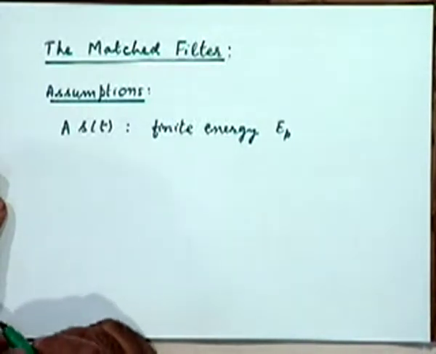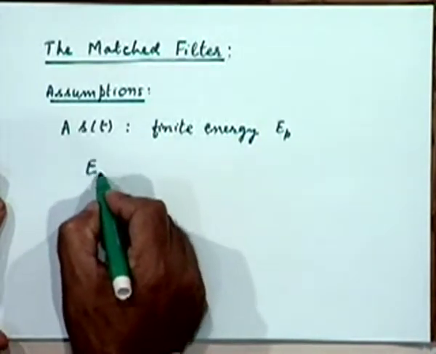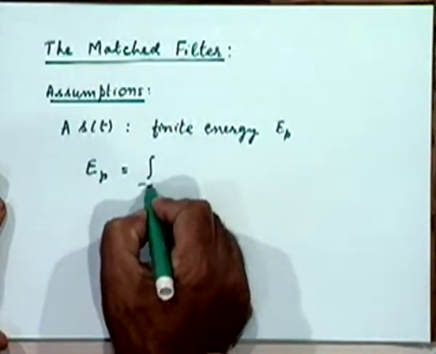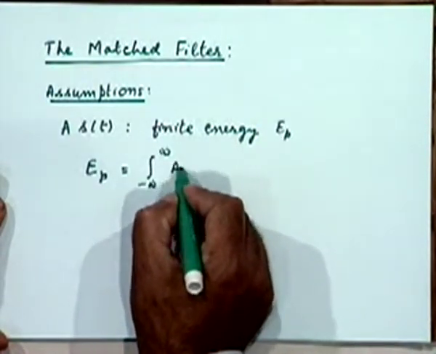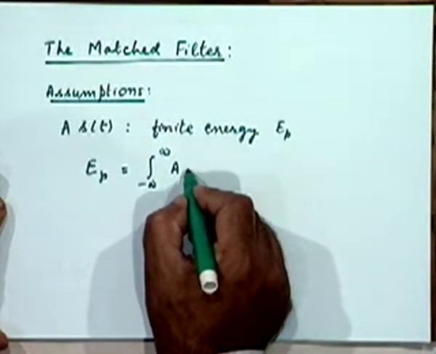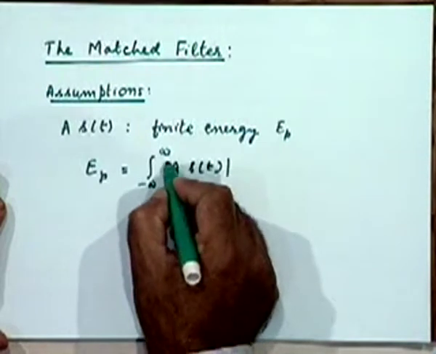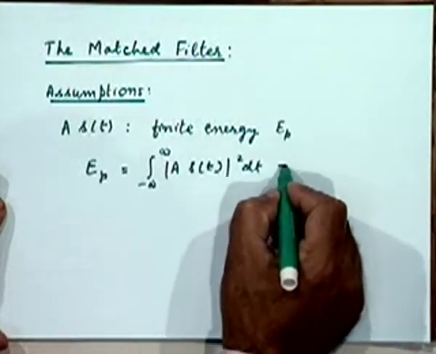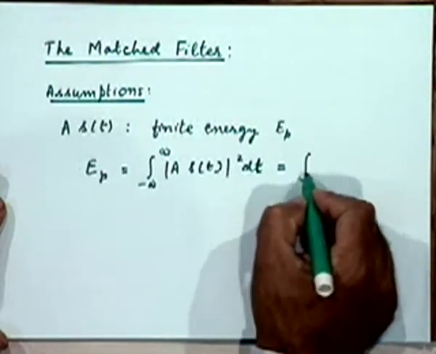So it's a pulse of finite energy E sub p, where obviously E sub p would be equal to the integral of the squared magnitude, or in the frequency domain.